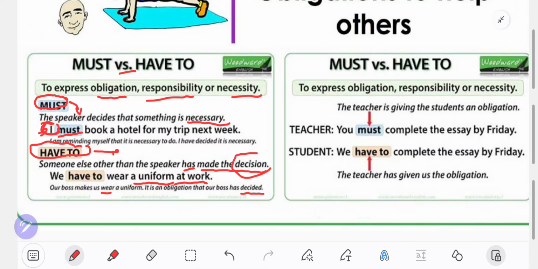Okay, I think you understand, it is a simple explanation and simple thinking, the difference between must versus have to. I will remind you again: for must, the decision is from you, but for have to, the decision is from other people, maybe from your boss, maybe from your parents, maybe from your friends and others.